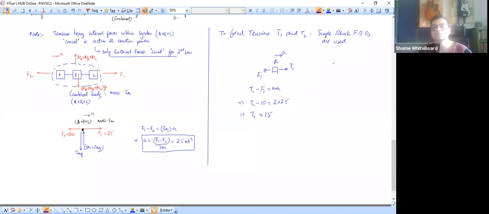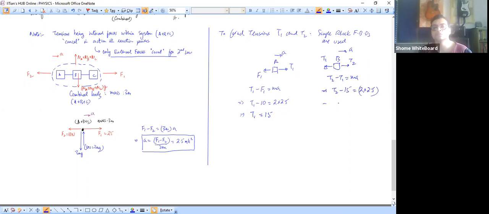Okay. Then you can make the FBD of B, for example. So in the FBD of B, there is T1 from this side, there is T2 from this side, and it's having the same acceleration A. So the equation will become T2 minus T1 is equal to mA. So T2 minus 15 is equal to 2 into 2.5.